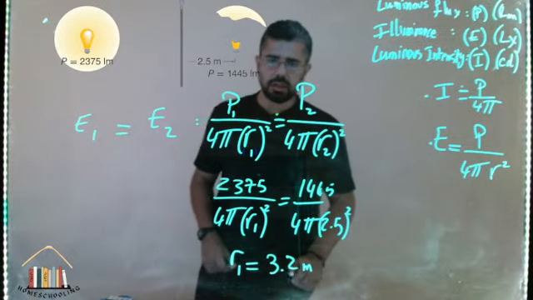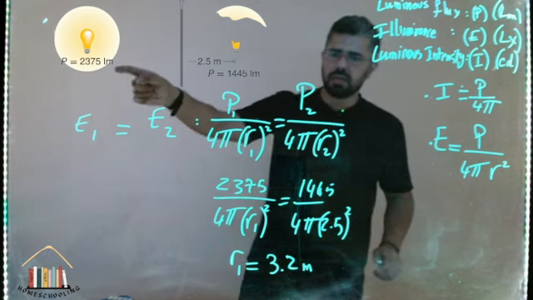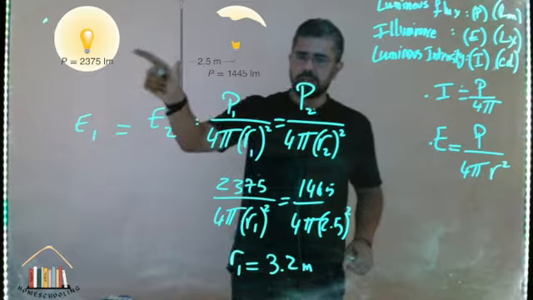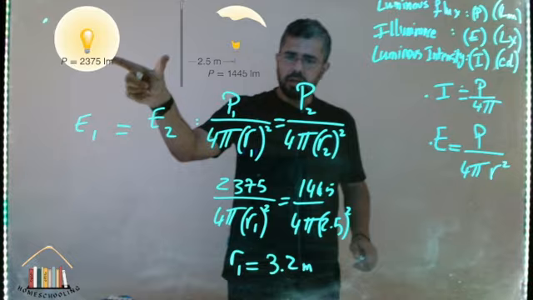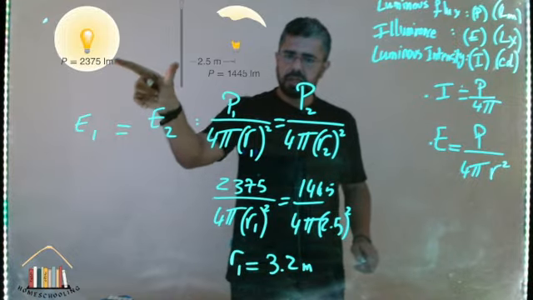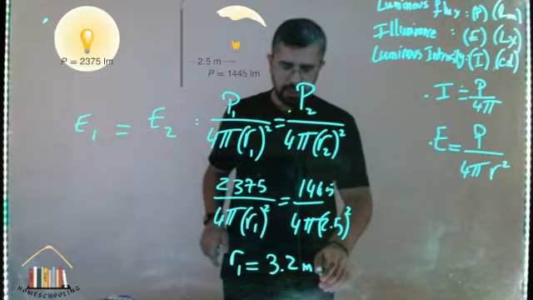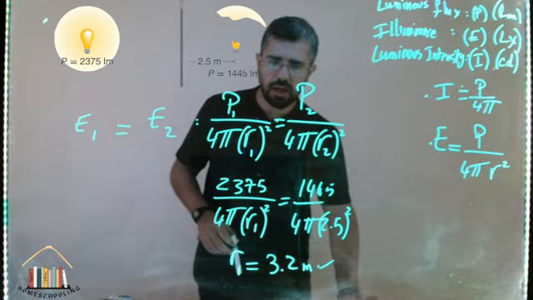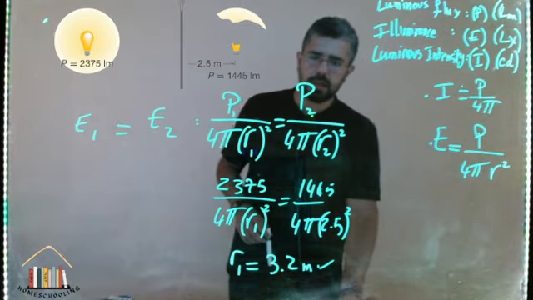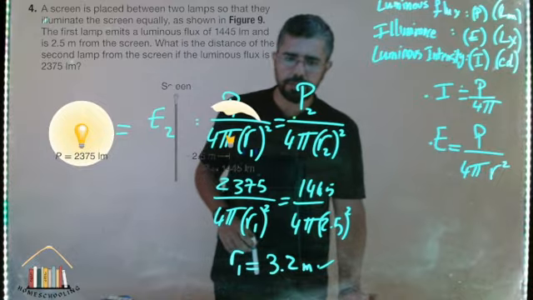And this is logical because, as you see from the picture, this distance is 2.5 and is short, so the distance of this light bulb has to be bigger than 2.5, which is the case here. It's 3.2 meters. All right, so that was about question number 4.